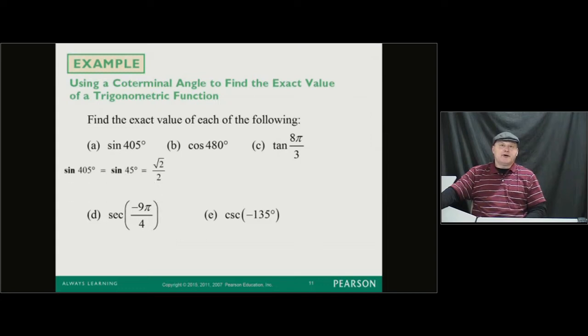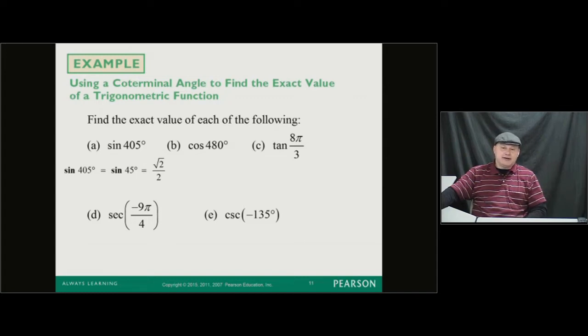You take the sine of 405 degrees. Well, 405 degrees is more than one revolution. So it's one revolution, 360 degrees, and then another 45 degrees. So 45 degrees and 405 degrees are coterminal. Since I know the value of sine of 45 degrees, I can calculate it. It's the square root of 2 over 2.